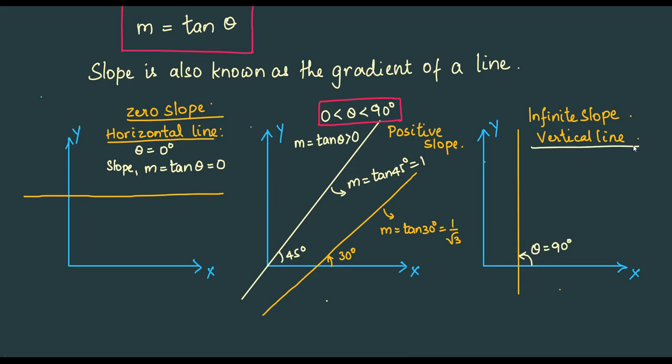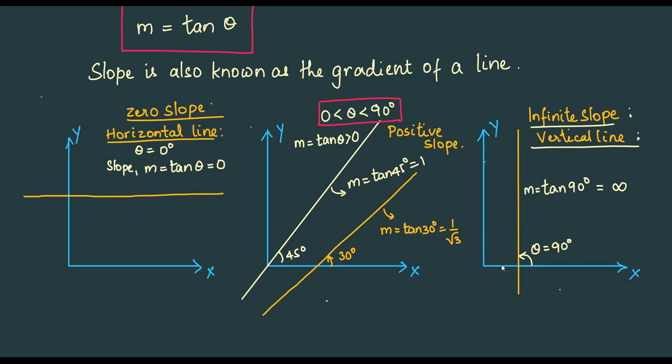Now, tan of 90 degrees is not defined. Theta is not defined for this. We write infinity, that is not correct. Actually, it is undefined. It is like 1 upon 0 form. So in a straight line, we mark this as infinity, but this quantity is not defined.